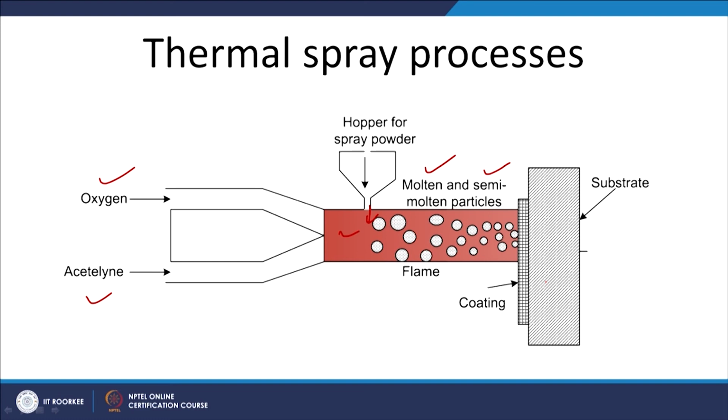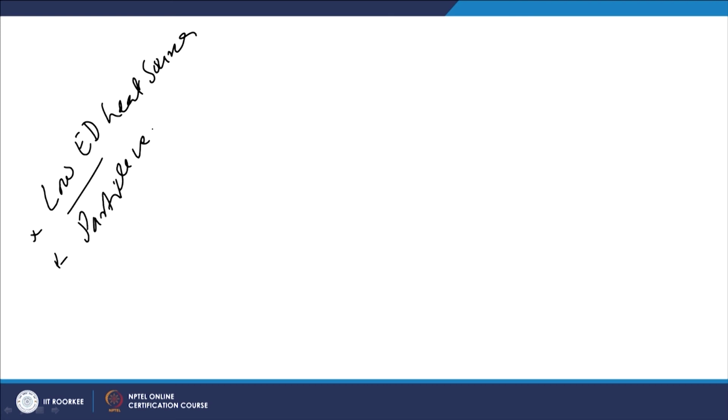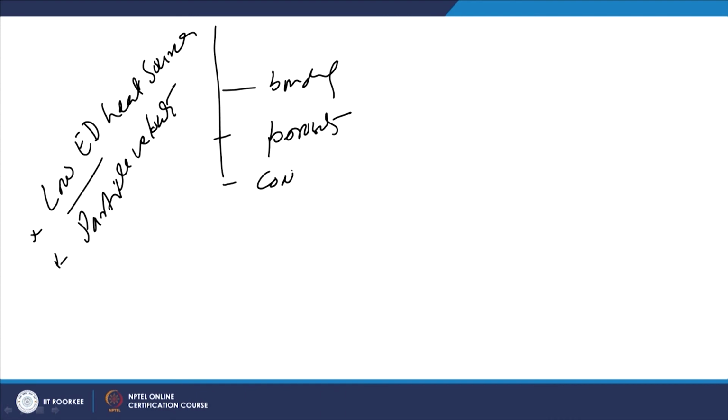So, as I have said, since the flame spray coating process uses a comparatively low energy density heat source, and the particle velocity which is achieved in the case of flame spraying is very limited, it in turn leads to issues related to poor bonding, porosity, and coarse grain structure.